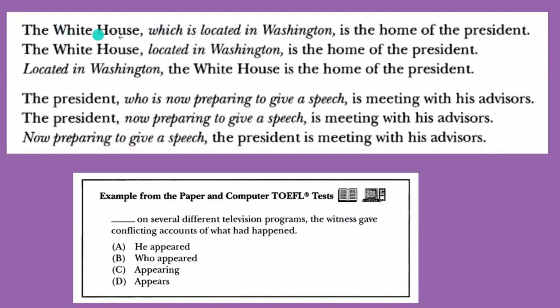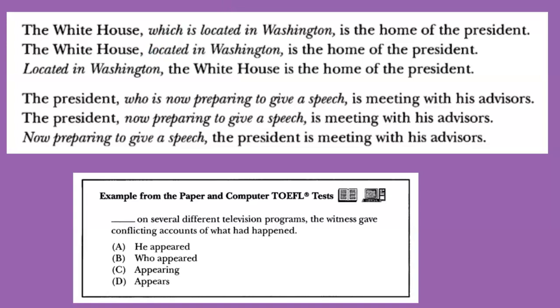The White House, which is located in Washington, is the home of the president. And here we have a complete clause. Number 2, the White House located in Washington, we have a reduced clause. If you see in this one, "which is" has been eliminated or omitted from the sentence.